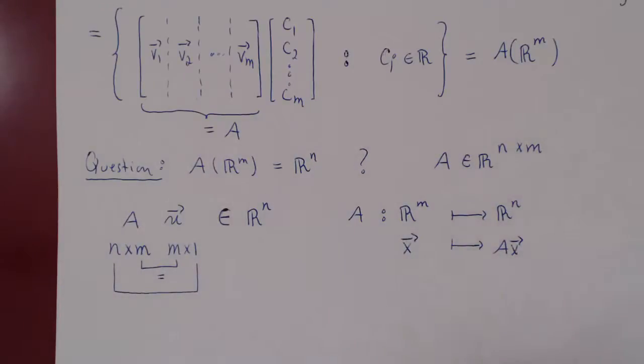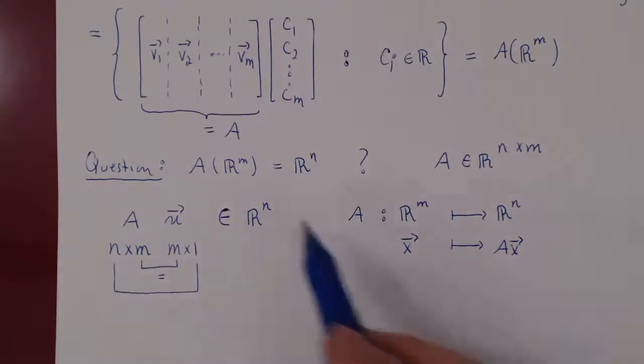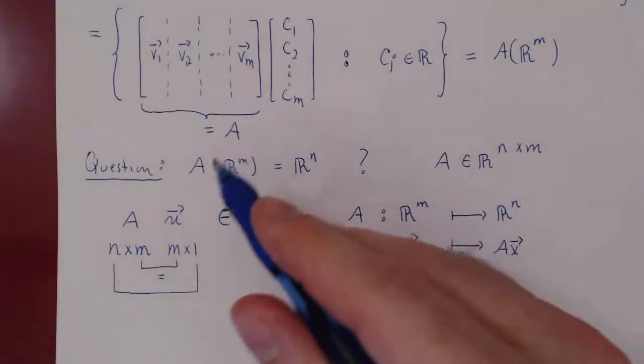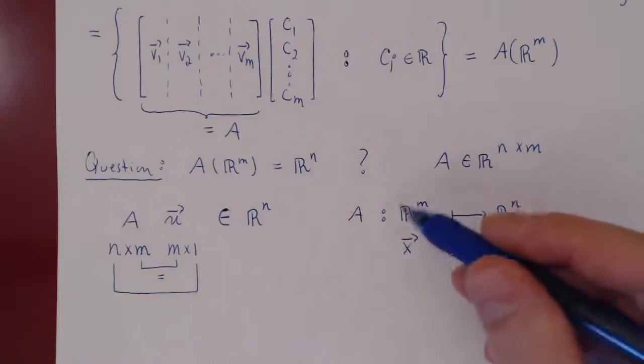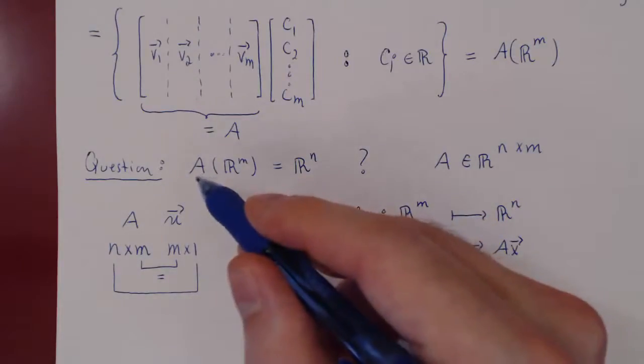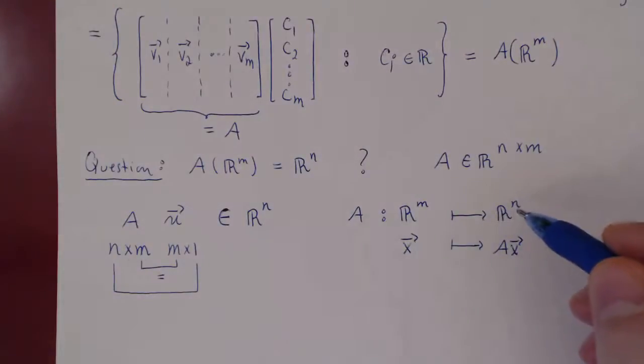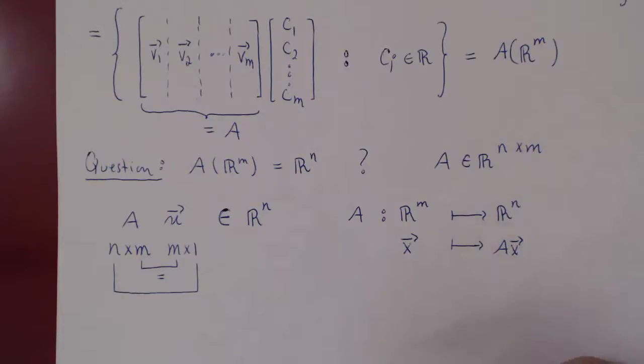And the question we're asking now, if you think of it, is: is the image of the m-dimensional space Rm under multiplication by A the entire n-dimensional space Rn? And that's what we're asking.